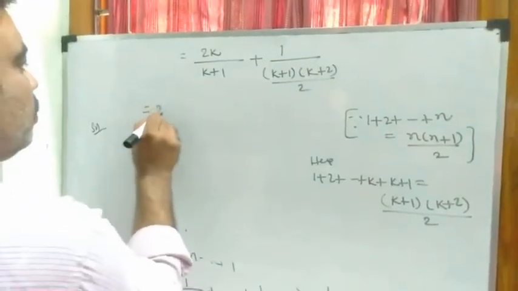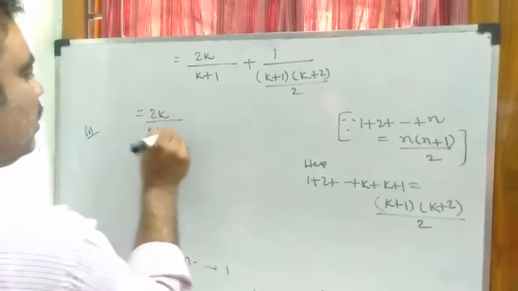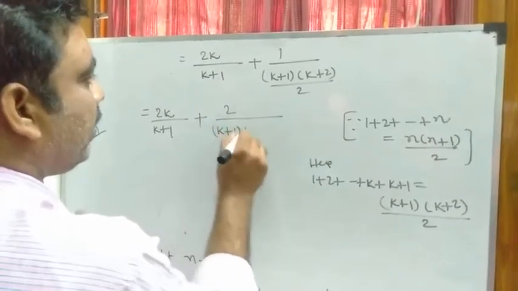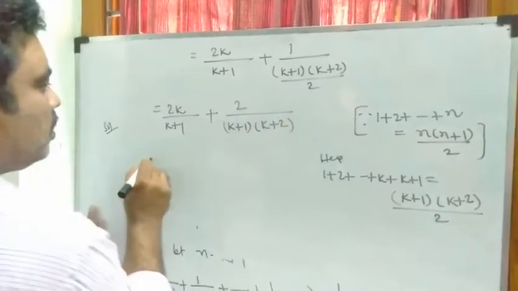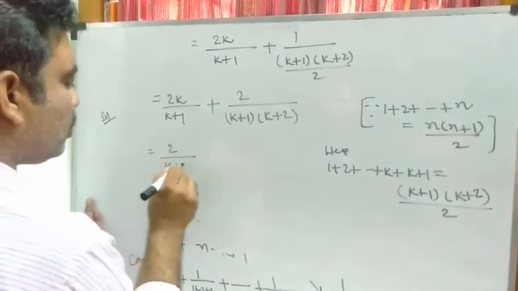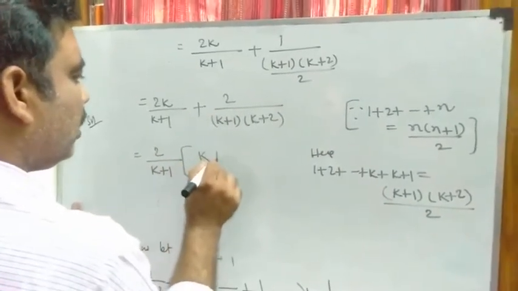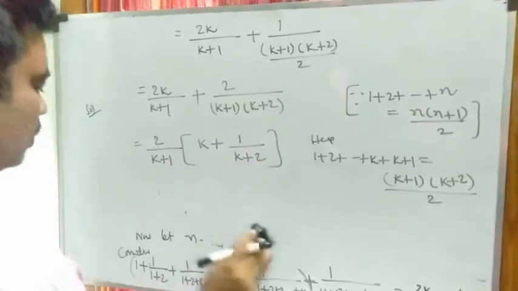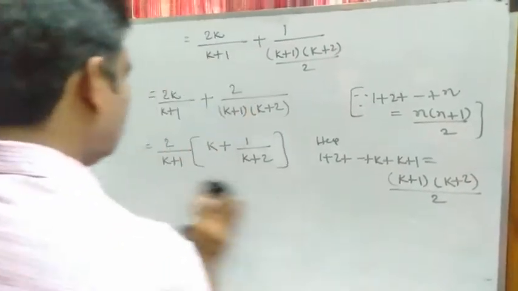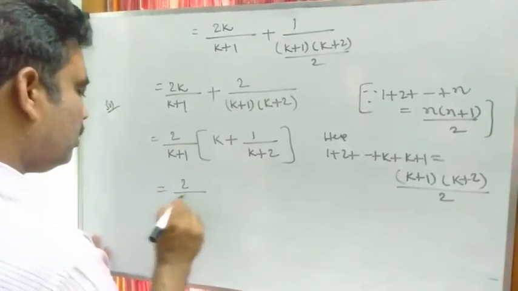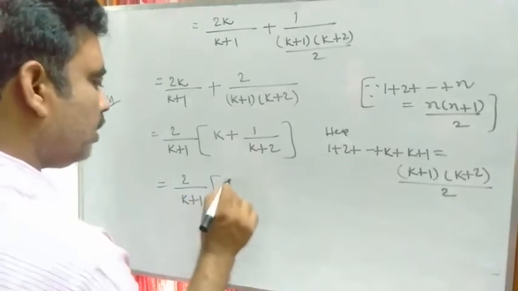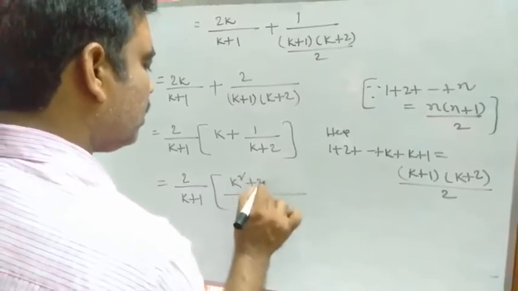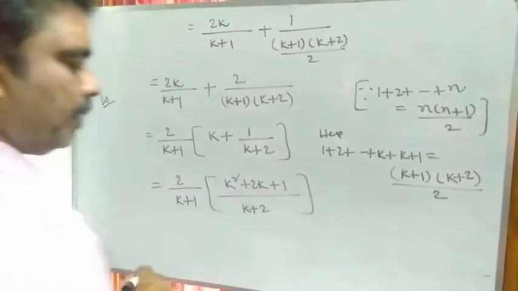So this is equal to 2k by k plus 1 plus 2 will come in the numerator, 2 by k plus 1 into k plus 2. So taking 2 by k plus 1 outside, it is k plus 1 by k plus 2. So simplifying, the first 2 by k plus 1, here I am taking LCM, k plus 2 is the LCM, k square plus 2k plus 1 by k plus 2.